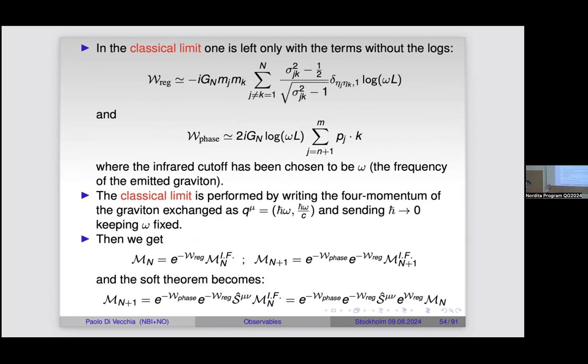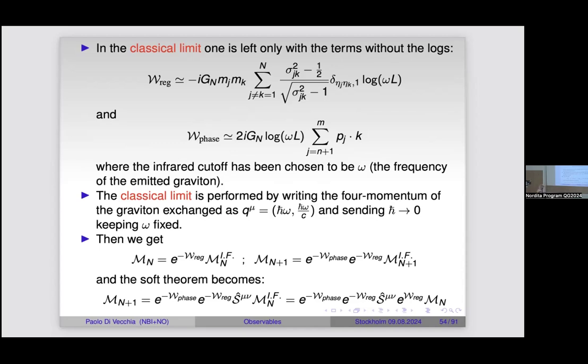The infrared cutoff has been chosen to be omega, the frequency of the emitted graviton. The fact that in the classical limit only these two terms appear is a consequence of writing the momentum of the graviton exchange in this form, where you send h bar to 0, keeping omega finite.